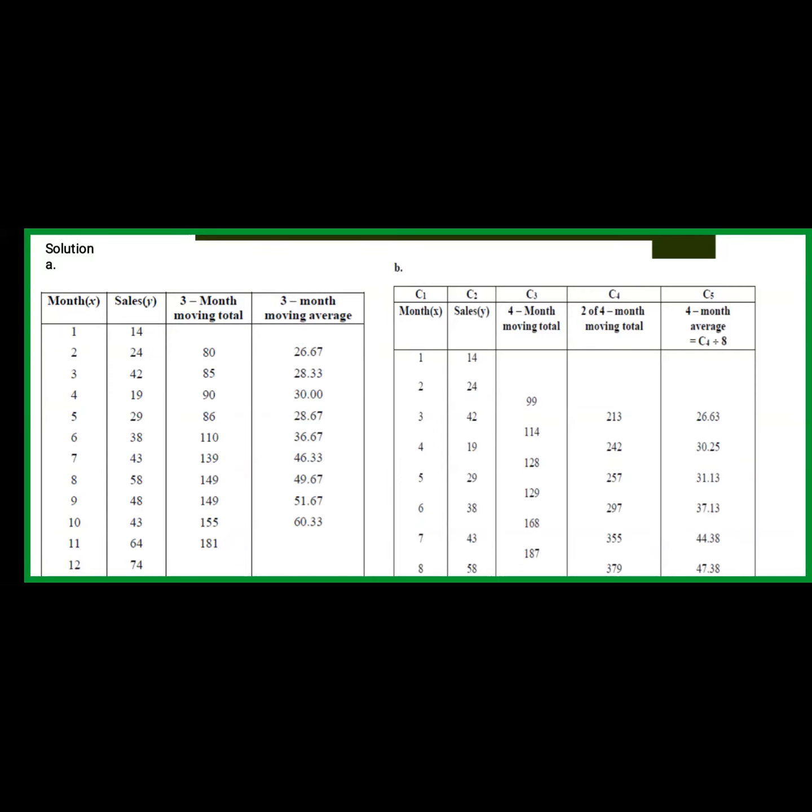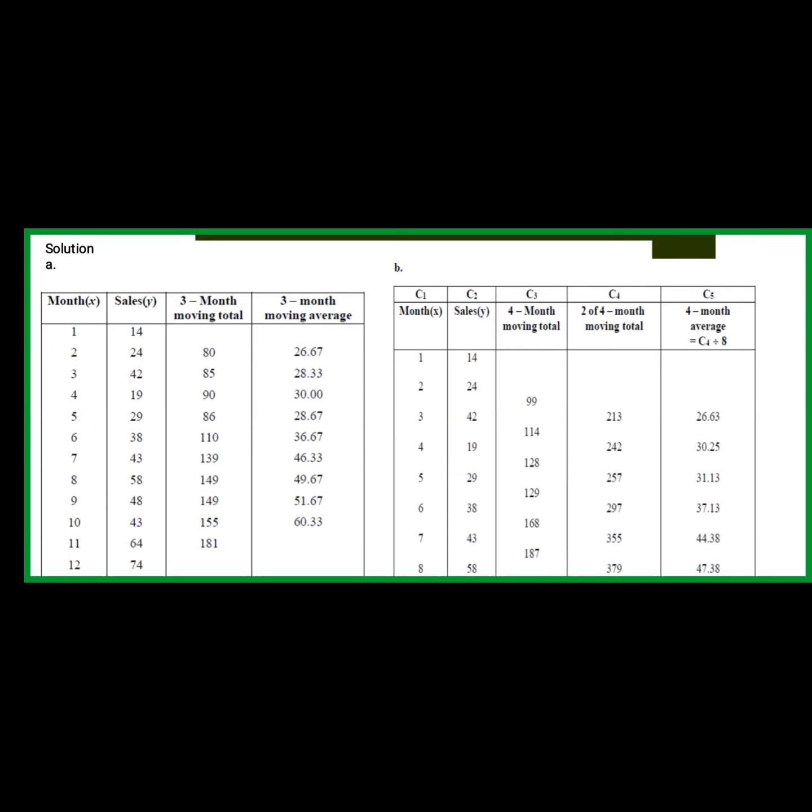When you add 99 plus 114, how many totals do we have? I said 4 moving totals. So when you add 99 plus 114, we will get 213. So how many moving totals is that 213?